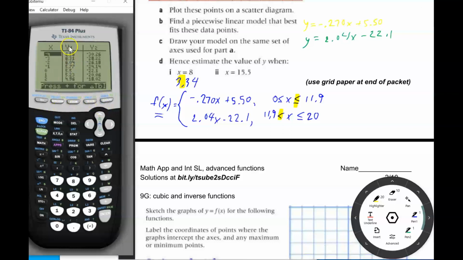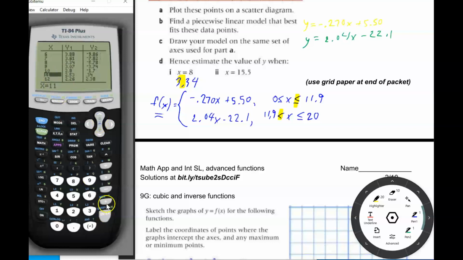And then since we're looking at the y1 function, which is the yellow function, we just go to x equals 8. And then we see that the y1 value is 3.34. And then the 15.5 x value is within the second interval. So that would be the green function. So that would be y2. And then I just go down to, oh, they don't have 11.9 here.